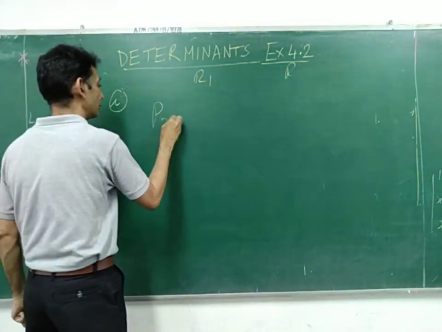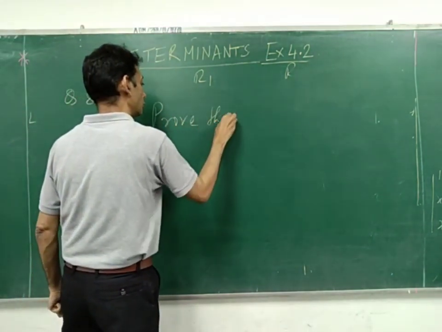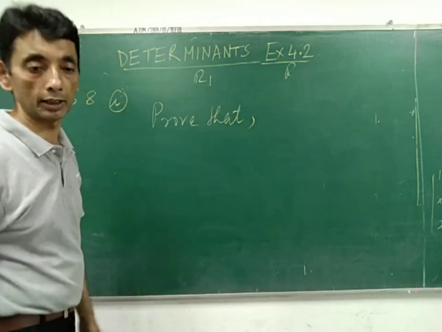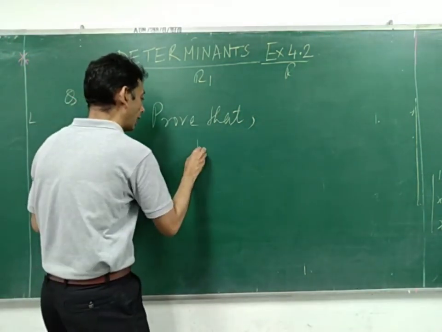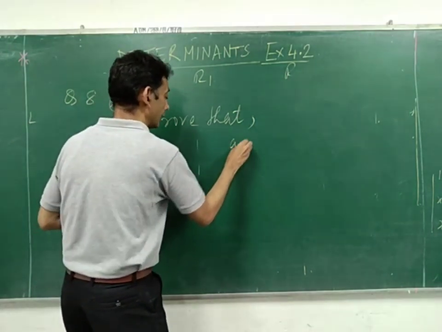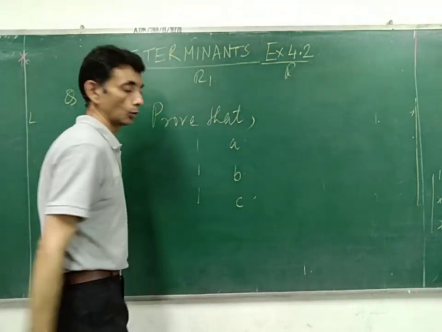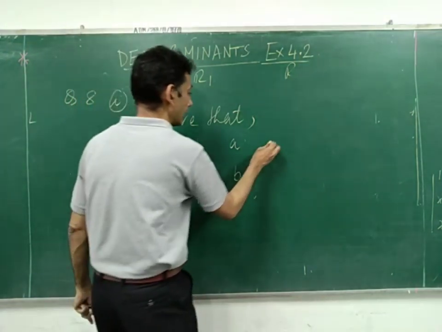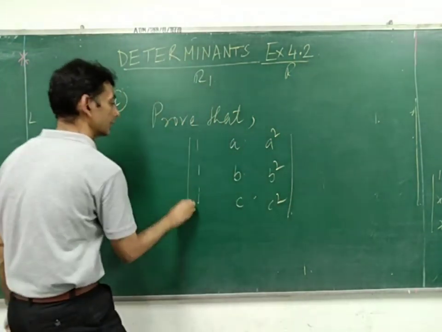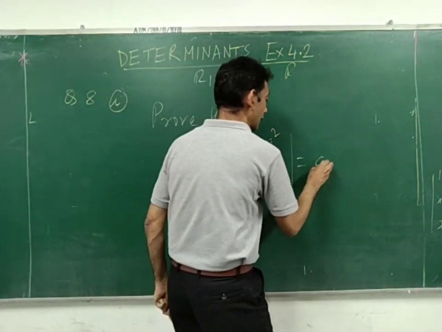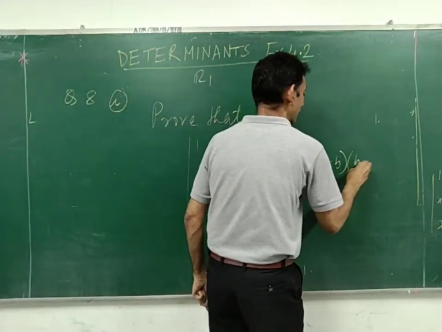Prove that the determinant 1, 1, 1, A, B, C, A squared, B squared, C squared is equal to A minus B, B minus C, C minus A.